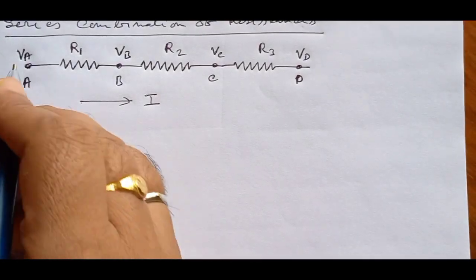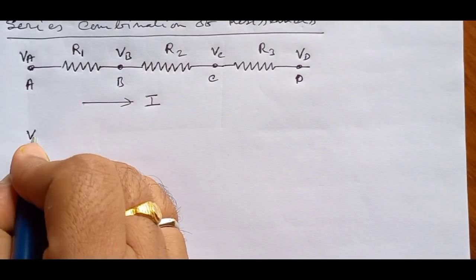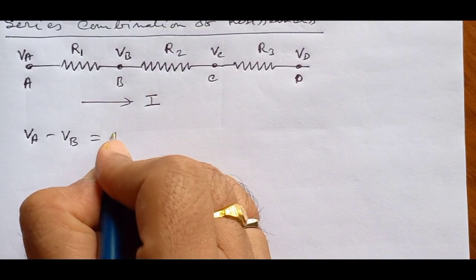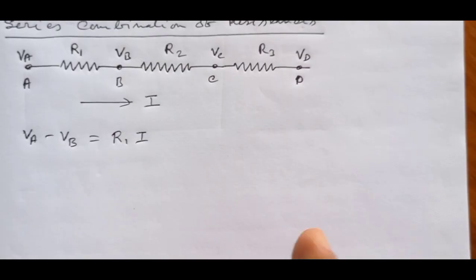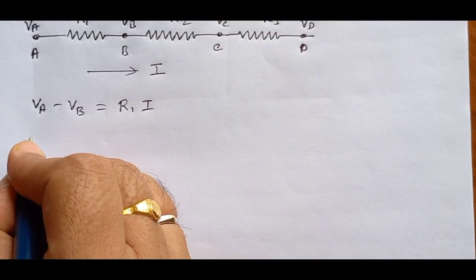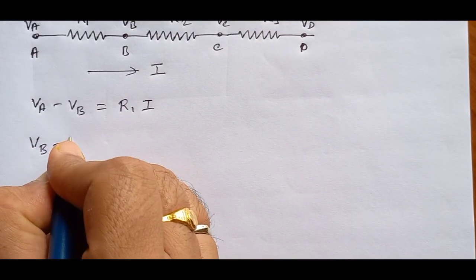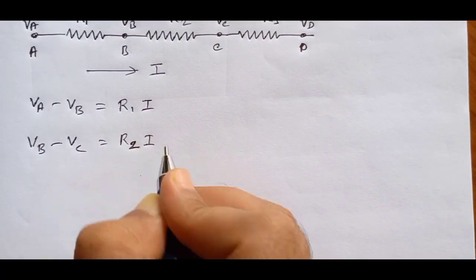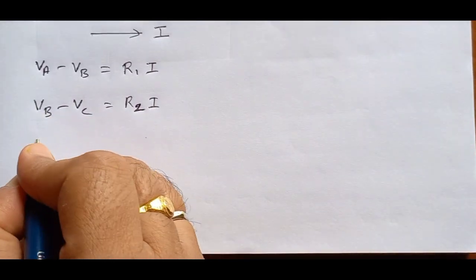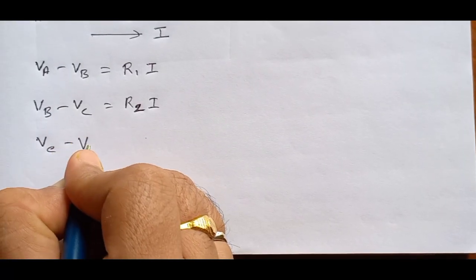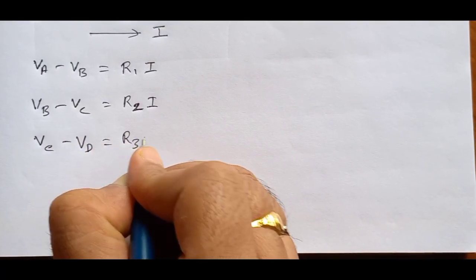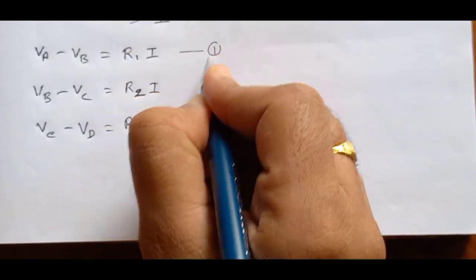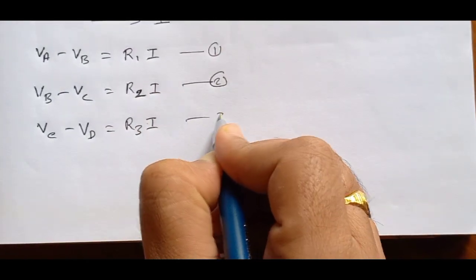Therefore for the first one we can write VA minus VB is equal to R1 into I. The second, VB minus VC is equal to R2 into I. Similarly, VC minus VD is equal to R3 into I. This is equation number 1, this is 2, this is 3.